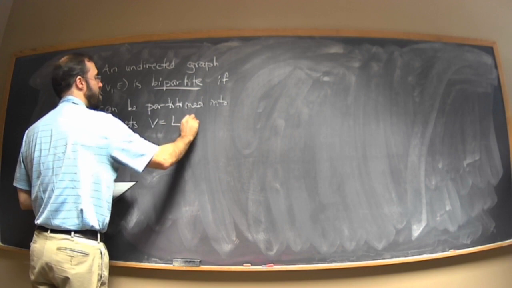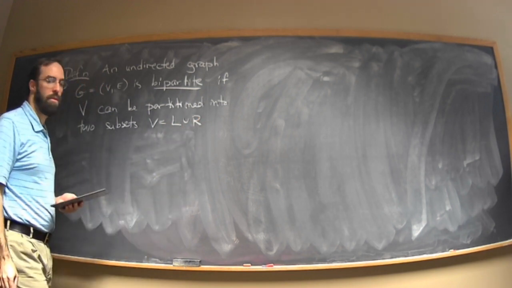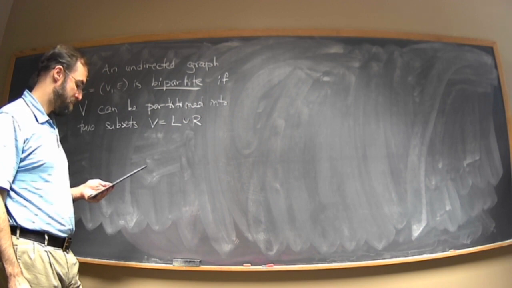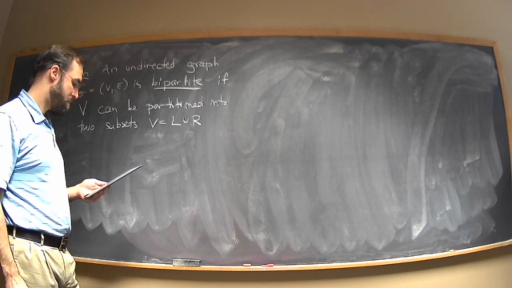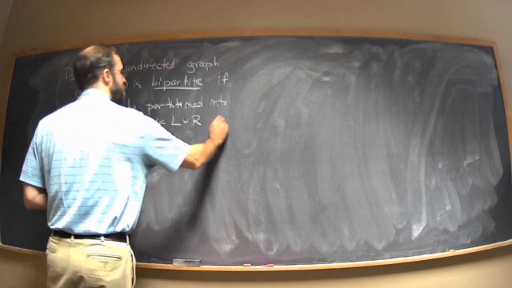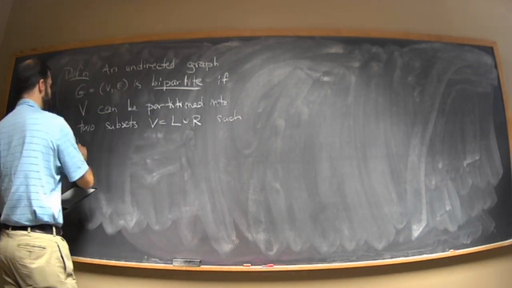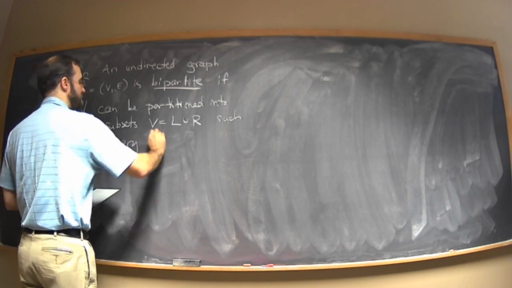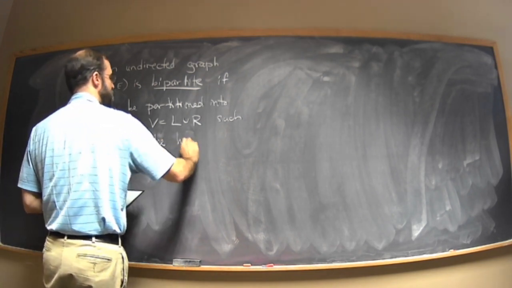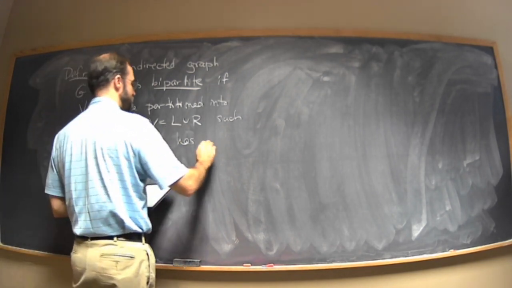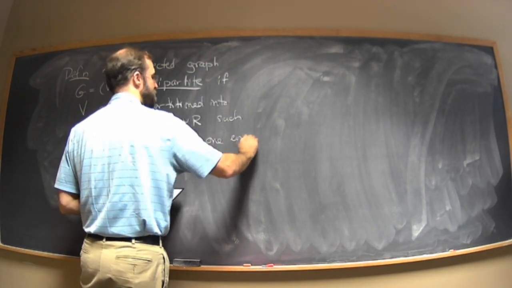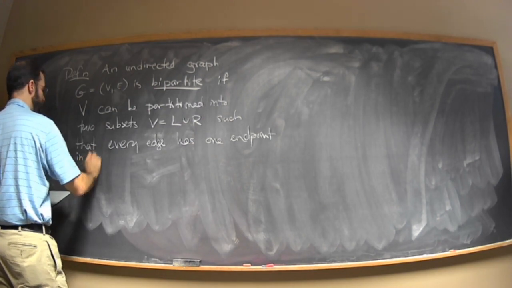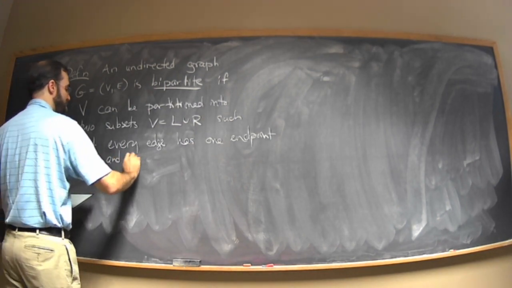We'll call them L and R for left and right, such that every edge has one endpoint in each of those sets. So one endpoint in L and one in R.